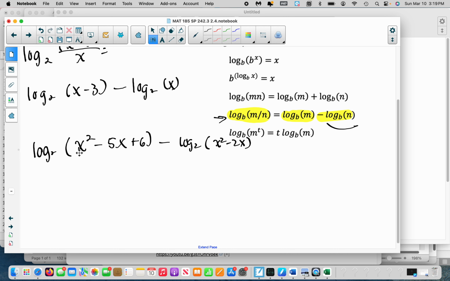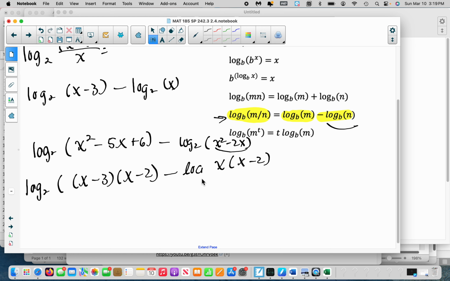We'd still want to factor this thing. So then I would say this is the log base 2 of x minus 3 times x minus 2 minus, again, if I factor this becomes x times x minus 2, log base 2.